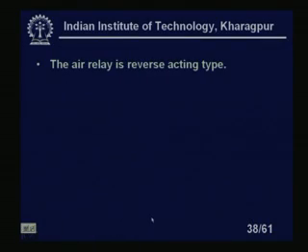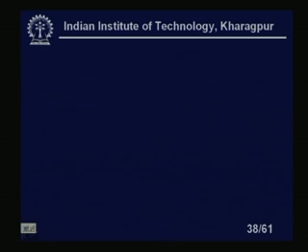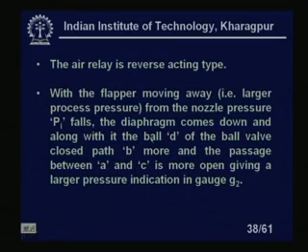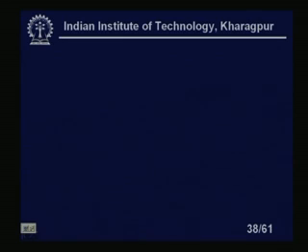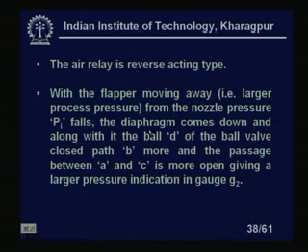The air relay is reverse acting type. With the flapper moving away, when the process pressure is large, the pressure Pi from the nozzle falls and the diaphragm comes down along with the ball D. If it comes down, the pressure Pi falls along with the ball D, so it closes the path B. This valve, since the pressure increases, will move out, so there is no chance of air to come through this path.